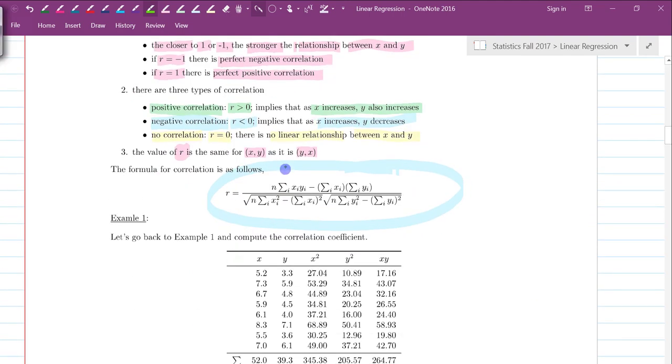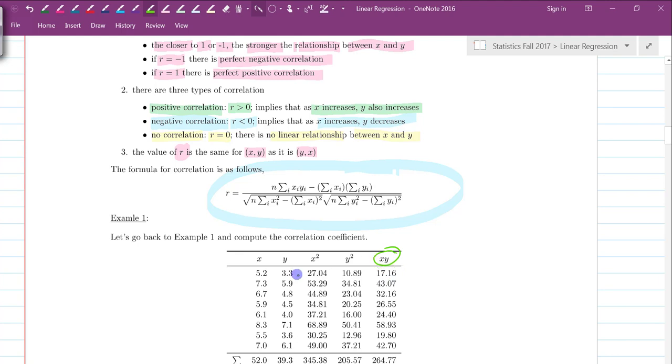So we sum it up, okay? So we list our x in a column. We list our y in a column. Now I'm going to multiply the two of them together, 5.2 times 3.3, and that gives me 17.16, because this right here says I'm multiplying x times y.